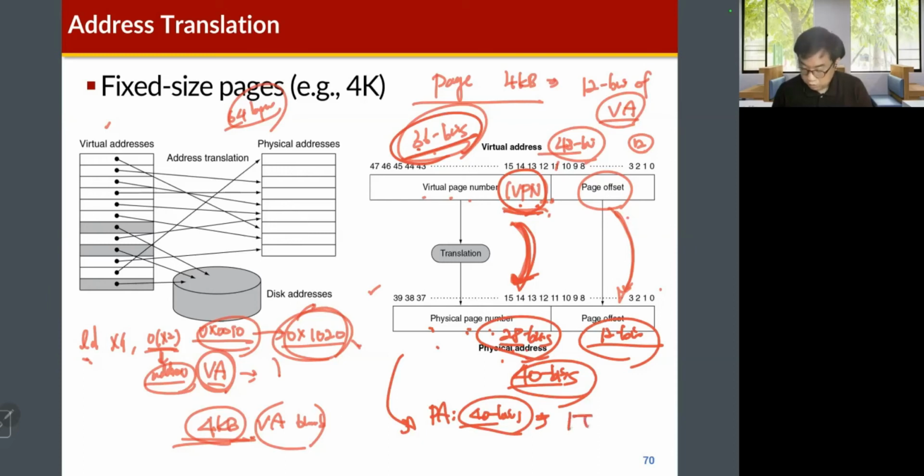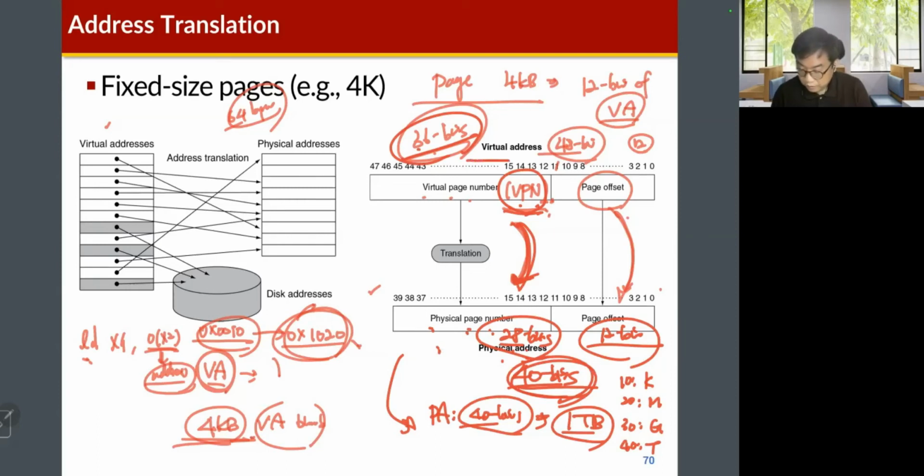It's 1 terabyte, right? 10 is kilo, 20 is mega, 30 is giga, and then 40 is tera, right? And the physical address has 40 bits. The size of this physical memory is 1 terabyte, right?